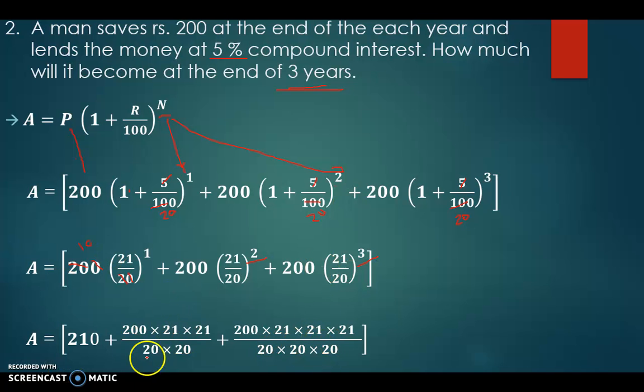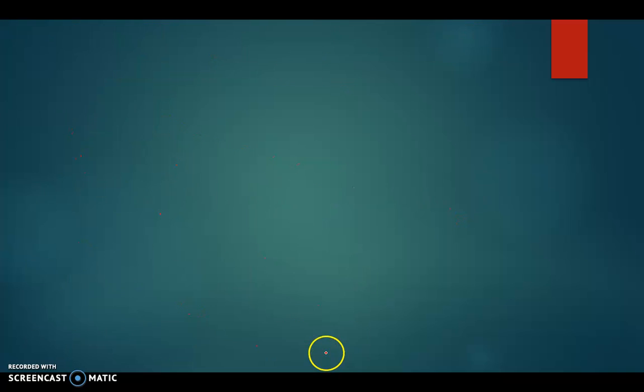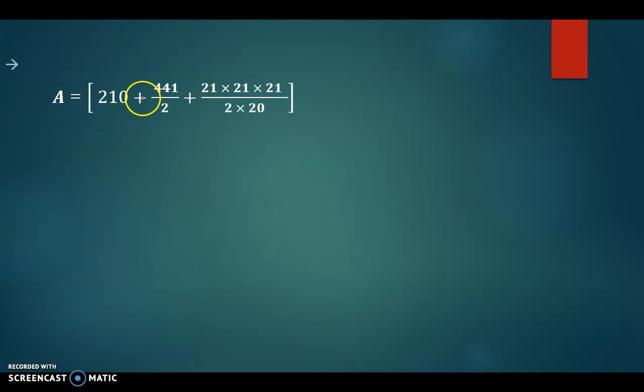Now we find the values of all these things. The common factors get cut out, so 20 is cut, and one of the 2s is cut. So 21 multiply 21 is 441 upon only 2. Similarly for the third term, the zeros and 2s are cut down. So next is 210 plus 441 divided by 2 plus 21 multiply 21 multiply 21 divided by 2 multiply 20.